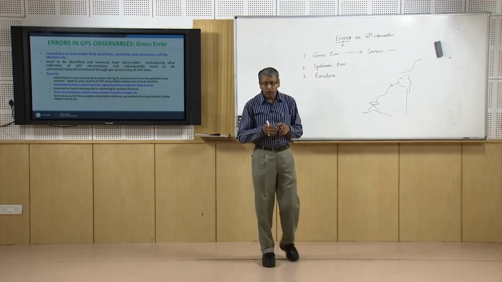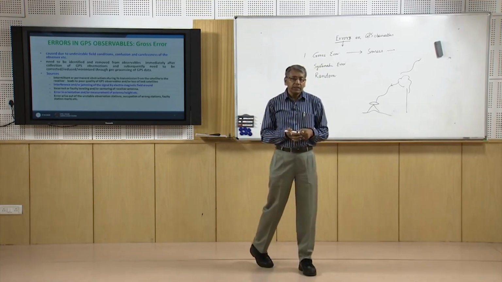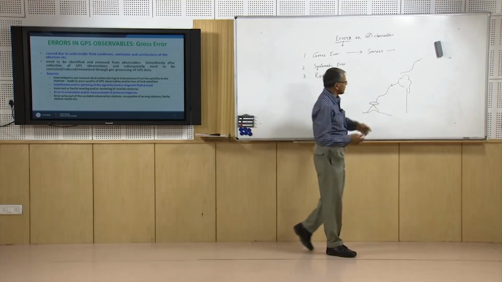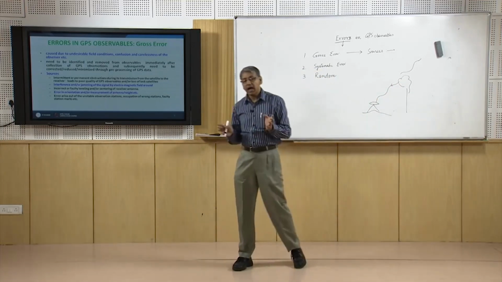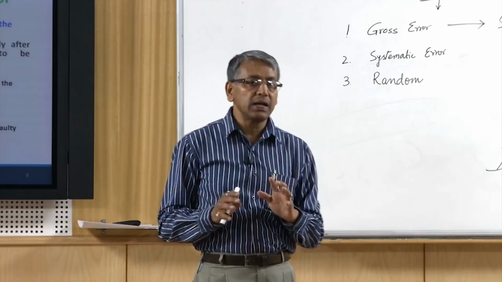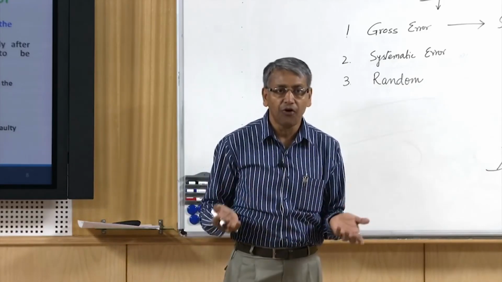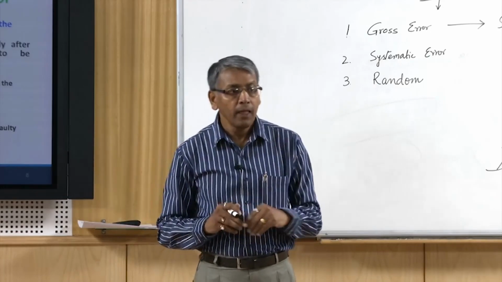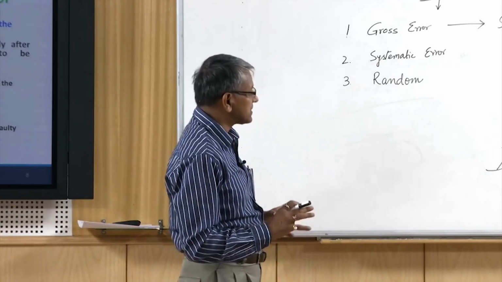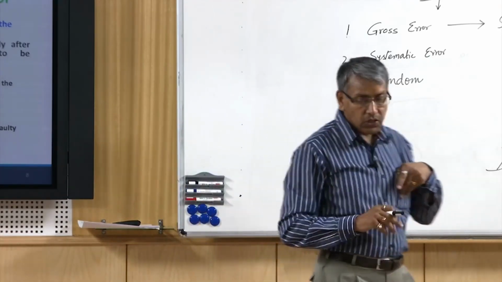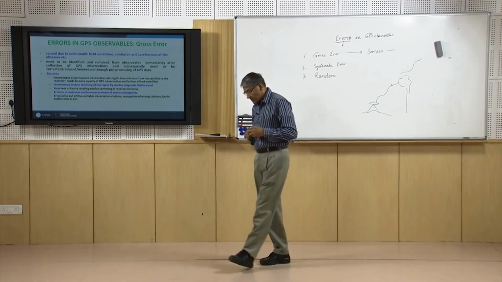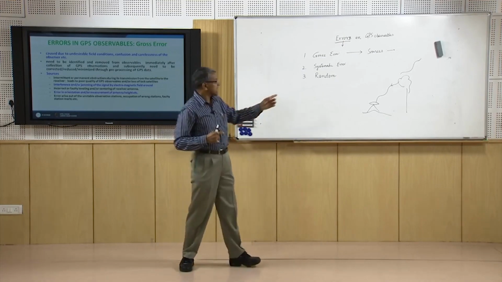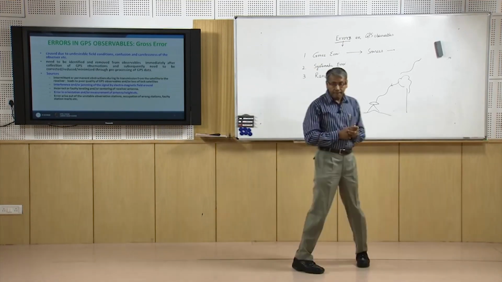Another important source is interference of the signal, because the GPS signal is electromagnetic in nature, and there may be some electromagnetic fields in the area, like a transformer, a high tension line, or ionospheric activity in the atmosphere. All those may cause some interference in the GPS signal, which may lead to some gross error.